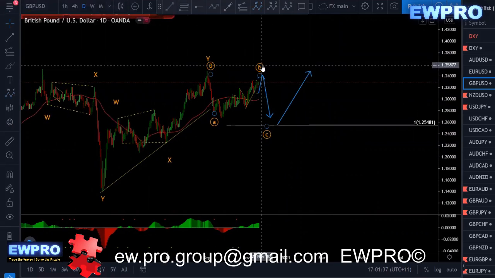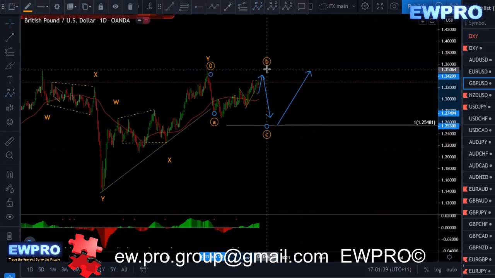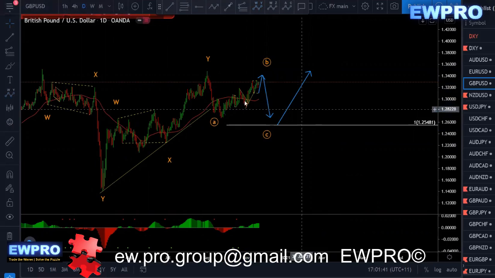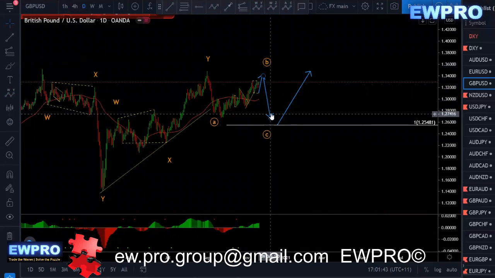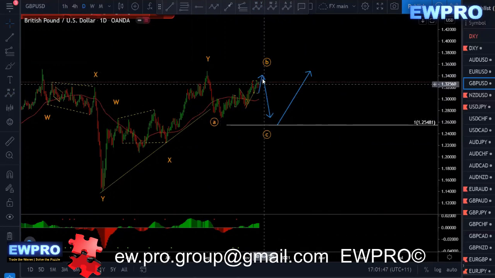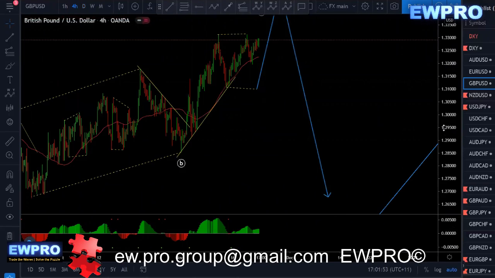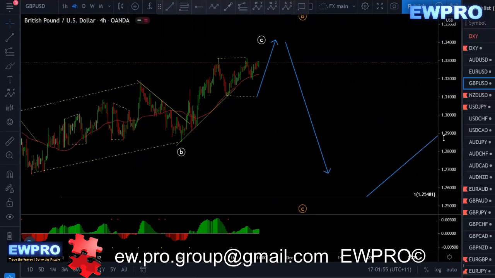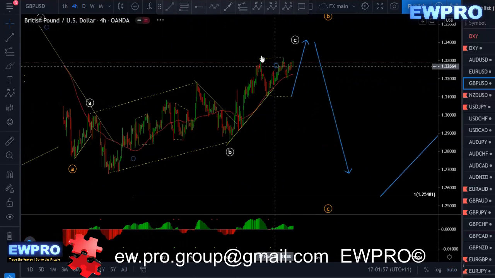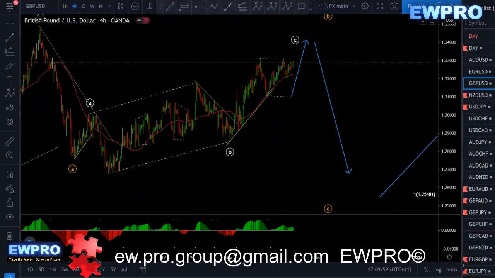So we only got a WXY, and now we're getting a larger correction in here. I'm still looking at this as a B wave because of how choppy it is, and we'll get that C down. So I'll be more inclined to look for the sells than the actual buys. On H4, we still don't have any bearish divergence, because I don't think this top broke here.